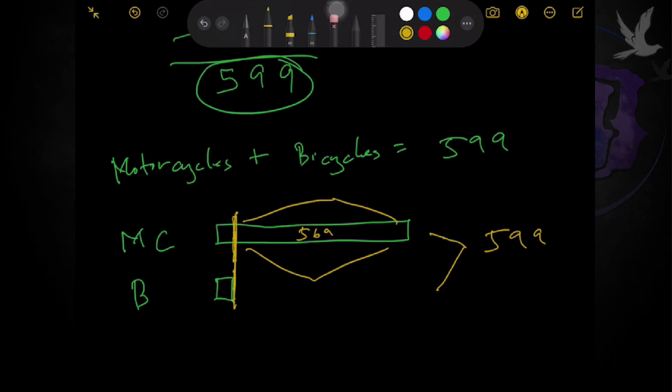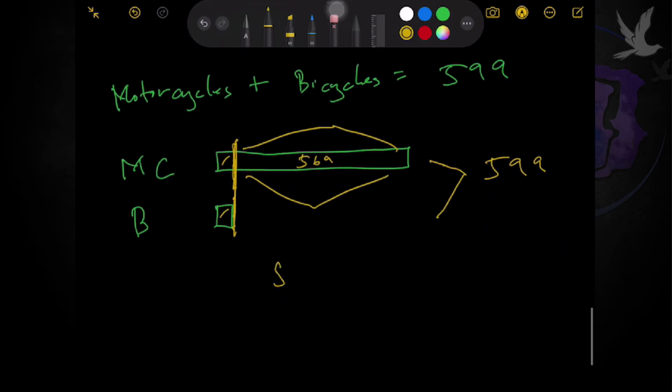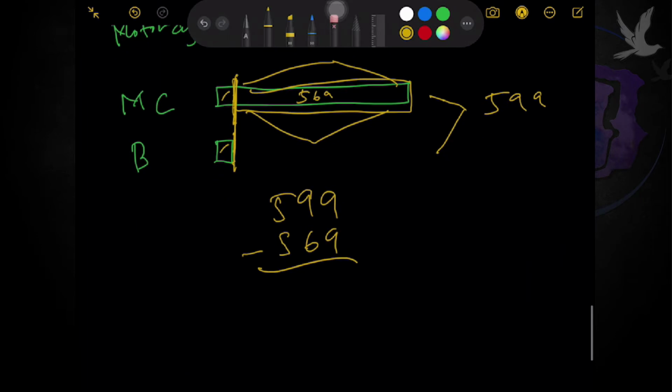And we are now left with two exact same units. So what we can do here now is to take 599, which is the total, and subtract this point, which is 569. Which will leave us with 30. And since we have two units that are of the same value, we can divide the remaining by 2. 30 divided by 2 will give us 15.